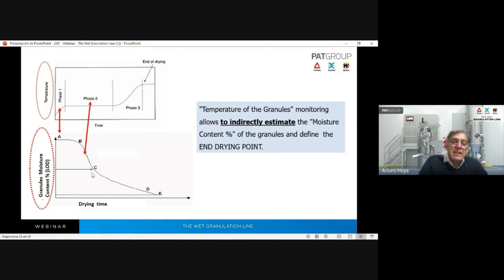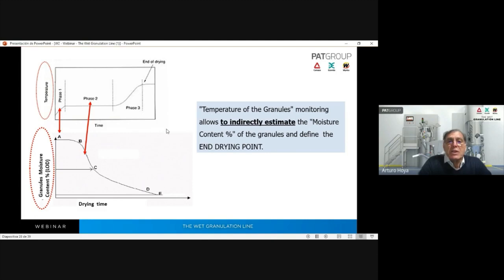Here, the critical point is when the superficial excess of water has been eliminated. The rest of the water is inside the granules and will need a higher temperature to be removed. So this is why here the slope of the drying, the kinetic of the drying, is lower and the temperature is increasing.